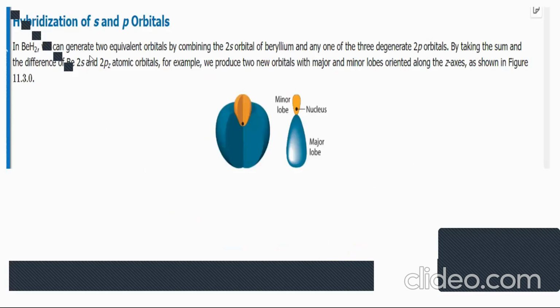So if you observe BeH2, we can generate two equivalent orbitals by combining the 2s orbital of beryllium and any one of three degenerate 2p orbitals. By taking the sum and difference of these two orbitals, 2s and 2pz, we produce new orbitals with major and minor lobes. Those can be oriented along the z axis, and depending upon the orbital they get the shape.